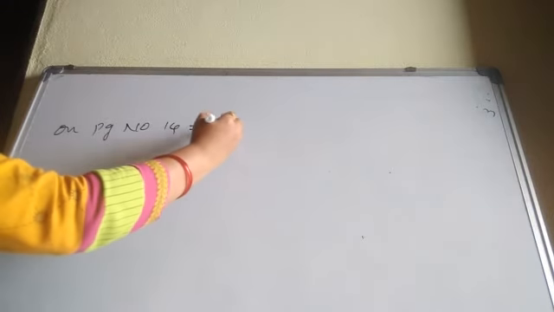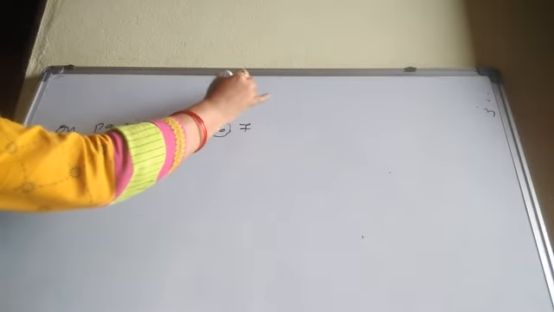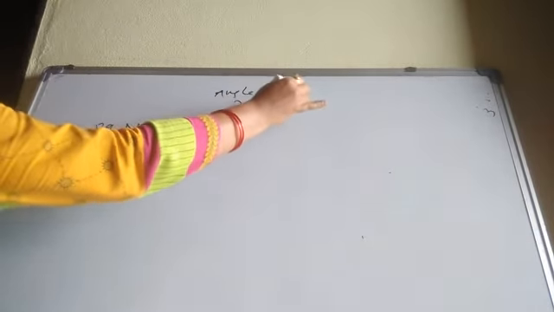Students, on page number 14, your homework. See, 6th one, 7th one you can solve. 6th one is by using the angle bisector theorem. And 7th one, three parallel lines are there. They are parallel to each other with a transversal. So in the 6th one, angle bisector theorem, you need to identify the figure.